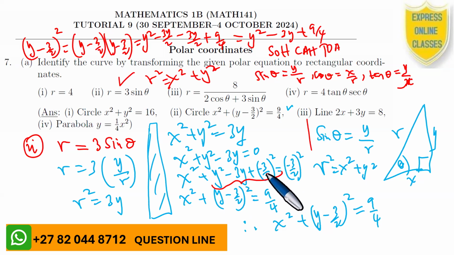But simultaneously you have the 9 over 4 on the right, so the 9 over 4 cancel out. Make sure you understand these.